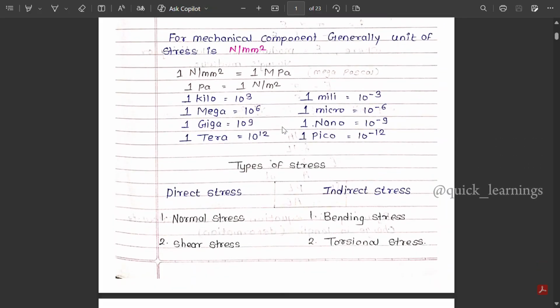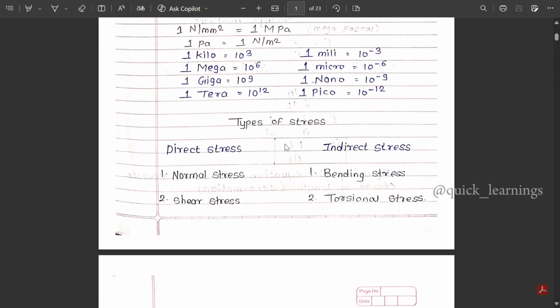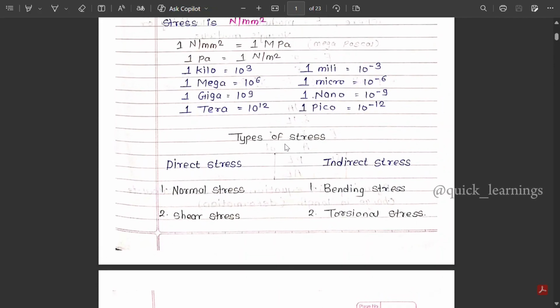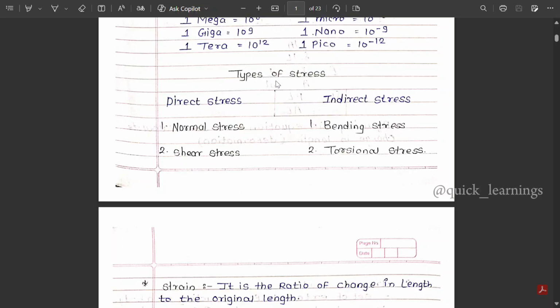There are some converters: 1 kilo equals 10 to the power 3, 1 mega equals 10 to the power 6. They are general, like we learned in 10th, 11th, and 12th.